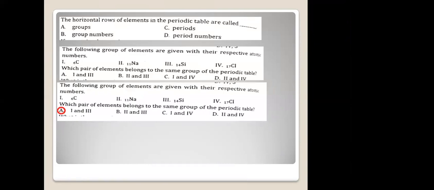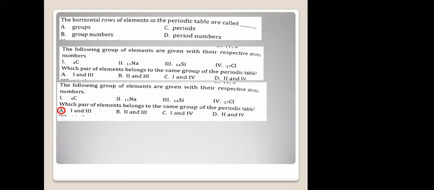Good job, because if you see, silicon and carbon belong to the same family. Can you tell me the name of that family? Carbon and silicon belong to the carbon family, not sodium and chlorine.